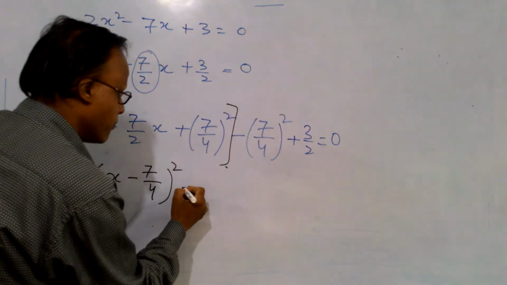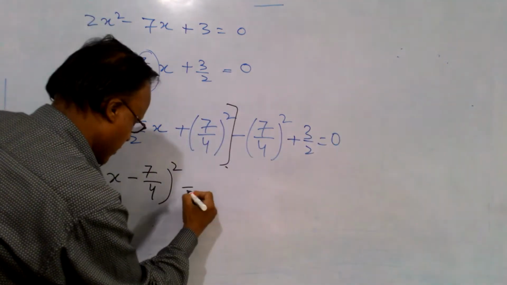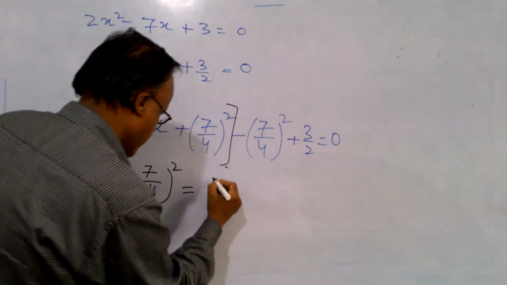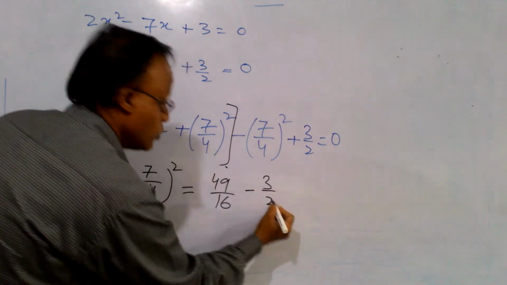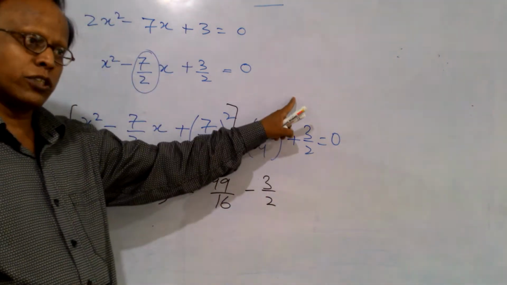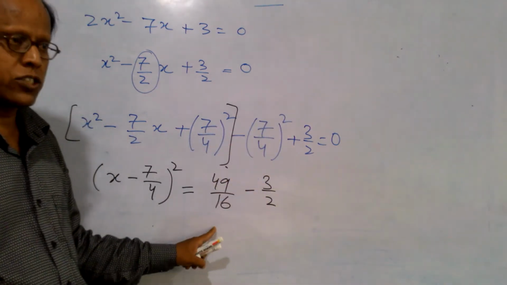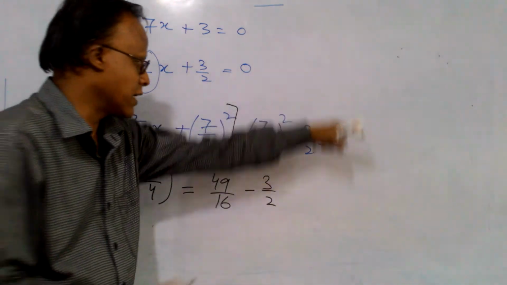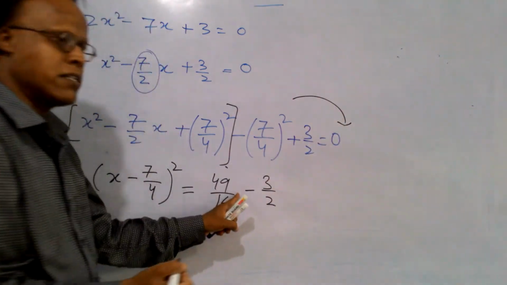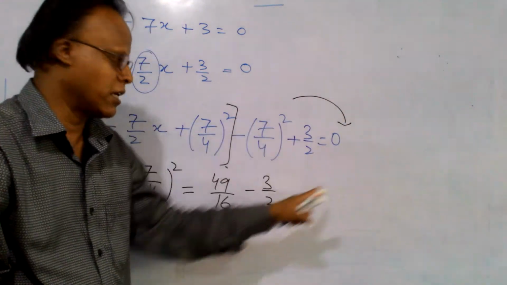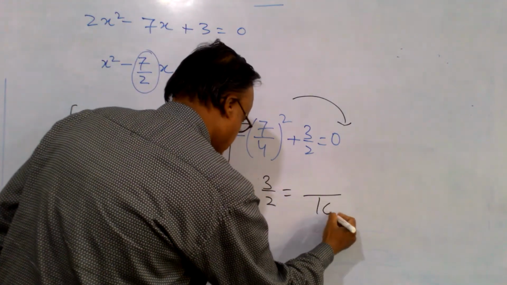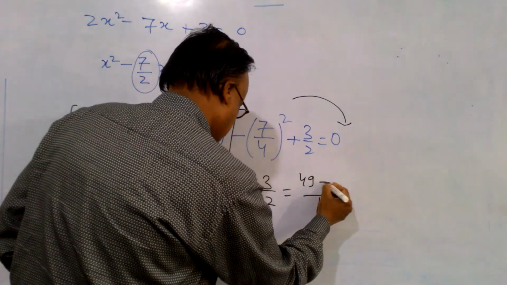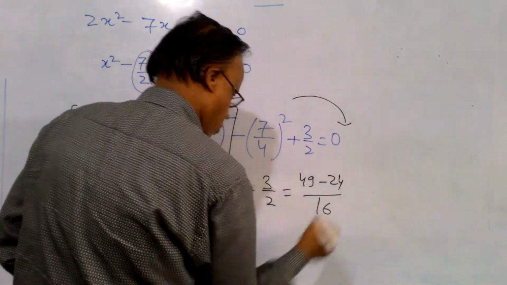And this term minus, taking it to the other side, it becomes 49 by 16 minus 3 by 2. Square of 7 is 49, square of 4 is 16. Here this is minus, taking this side it becomes plus, and this is plus, so it becomes minus. And simplifying it, taking 16 as LCM, it becomes 49 minus 24.